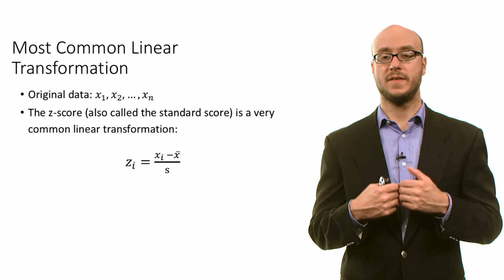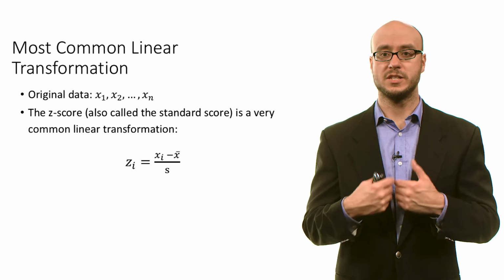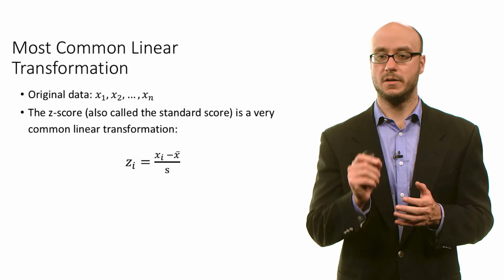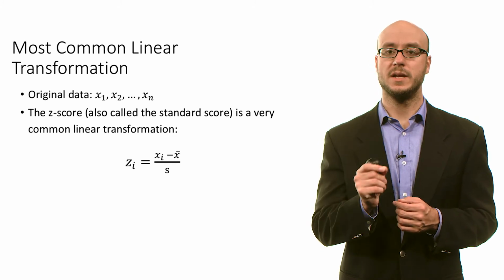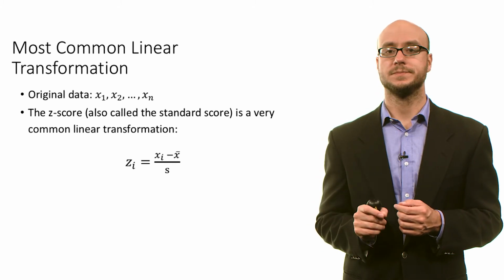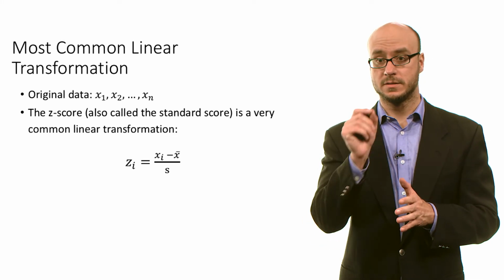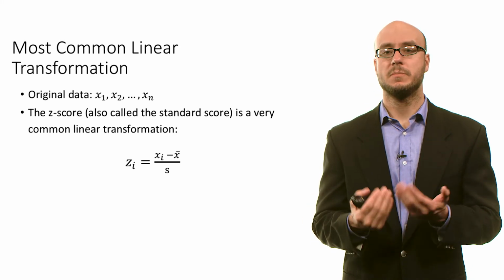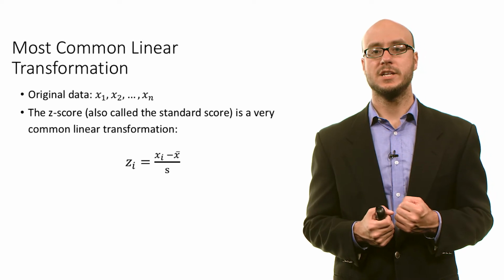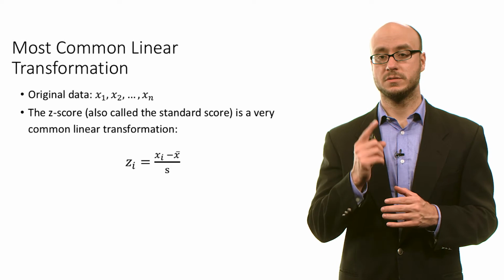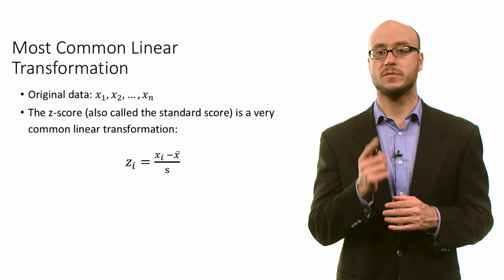So for example, if you have a particular observation equal to 50, and the mean happens to be 50, well 50 minus 50 is 0. So by subtracting the mean of x from each observation, we are recentering the data around 0. And then by dividing by the standard deviation, we're making it so the new standard deviation is 1, in terms of units of 1.